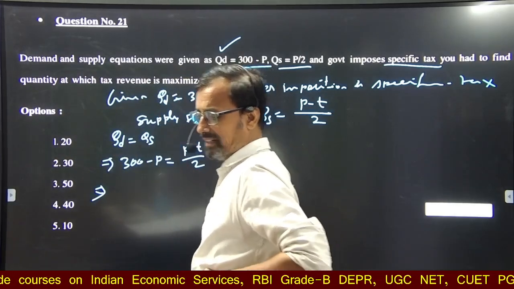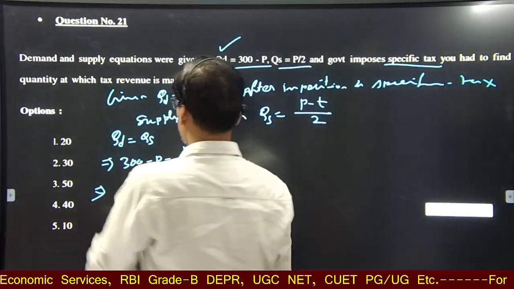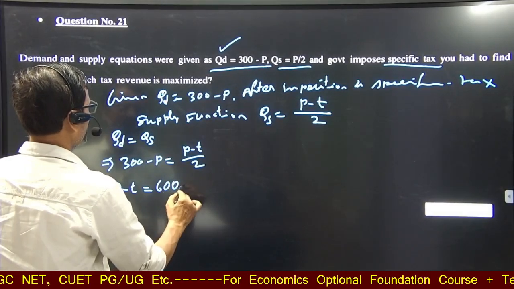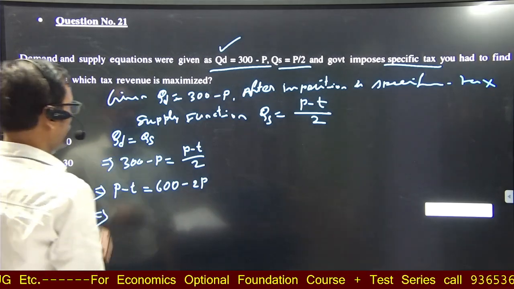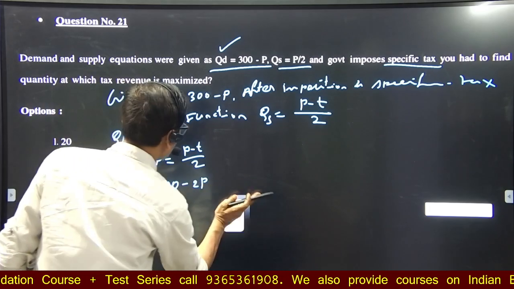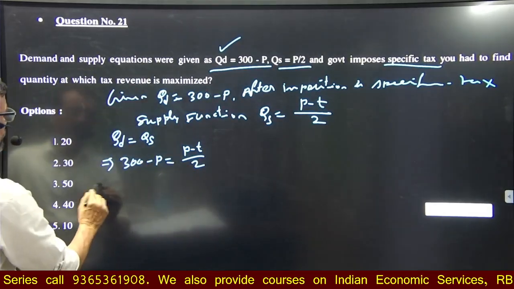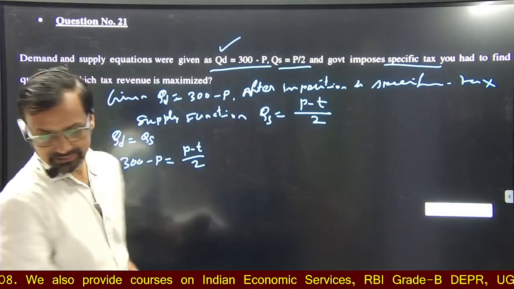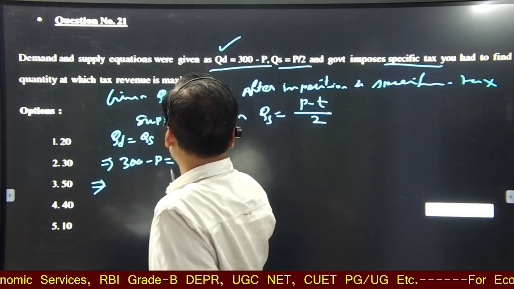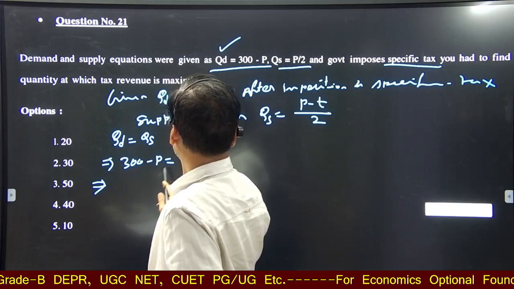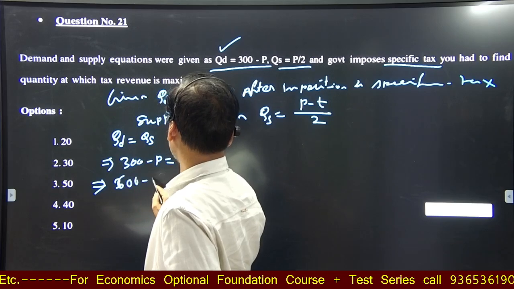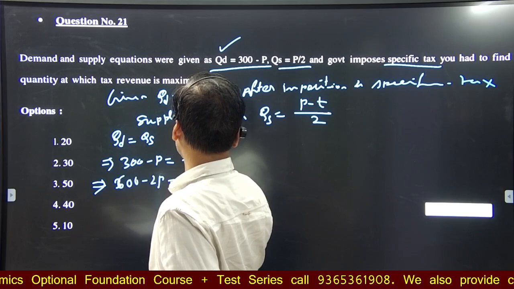So again, when we solve it, by cross multiplication, 300 times 2 is 600, so 600 minus 2P is equal to P minus T.